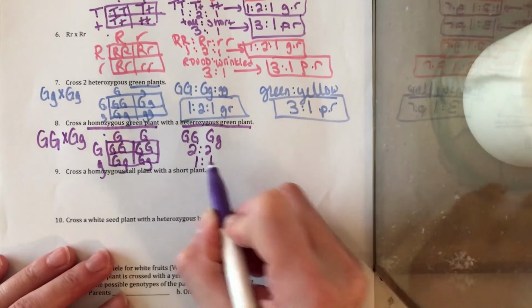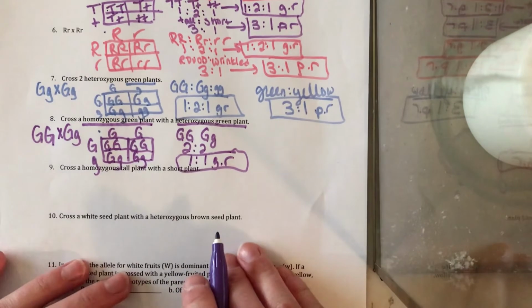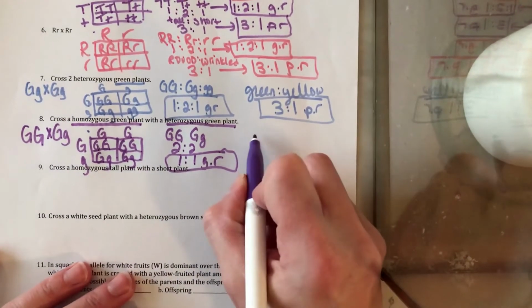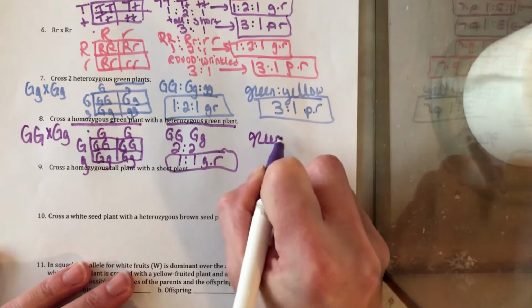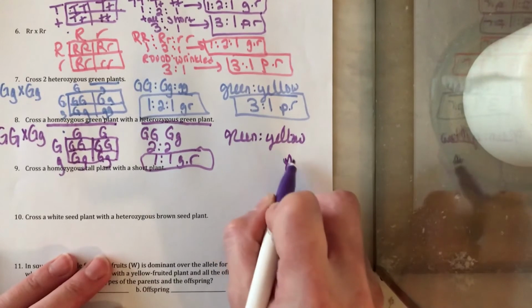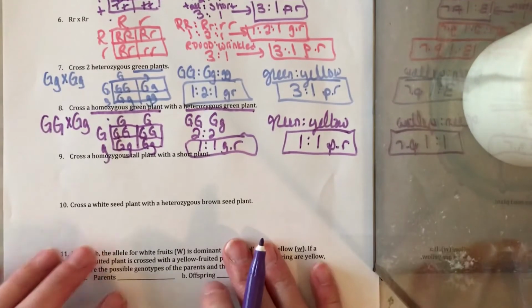Typically, we do reduce it, so I will put that there, but if you didn't, that's okay. And for green to yellow, the phenotypic ratio in that case is also 1 to 1.